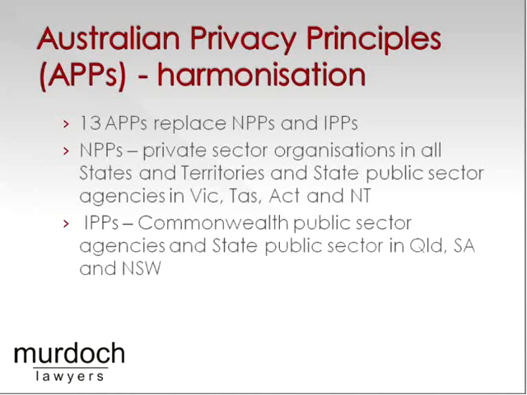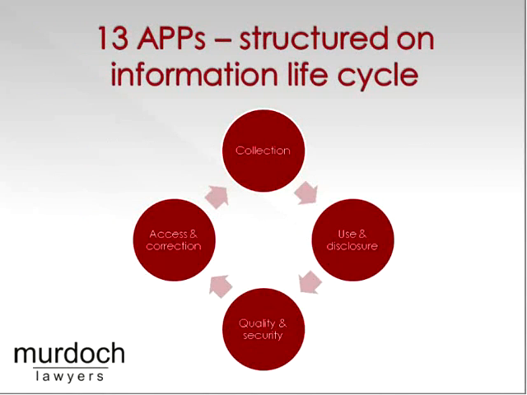So there's 13 Australian privacy principles, and for organisations they replace the national privacy principles. The idea behind the Australian privacy principles was to harmonise information privacy principles and national privacy principles. So the NPPs related to private sector organisations in all states, and the IPPs related to the Commonwealth agencies and some public sector agencies in Queensland.